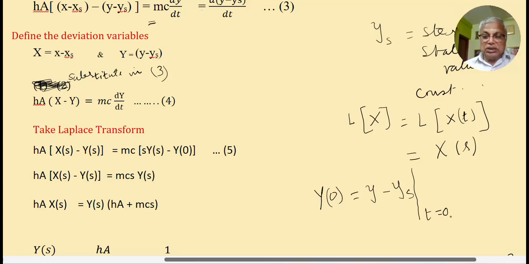So at t equal to 0, the initial condition is the initial steady state. The thermometer reading at t equal to 0 was the same as its steady state value. So y equal to ys, so capital Y of 0 equal to 0. So this term becomes 0.